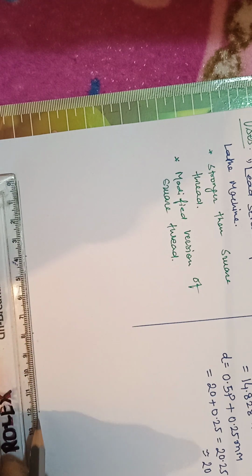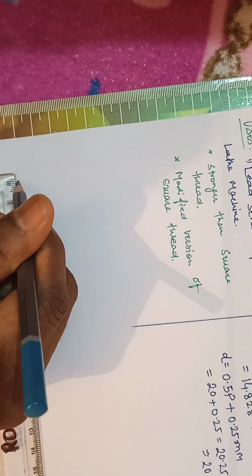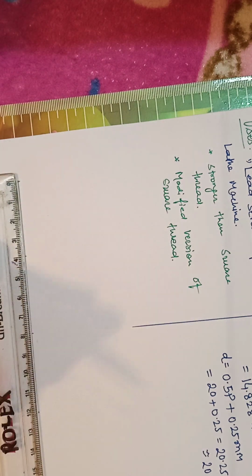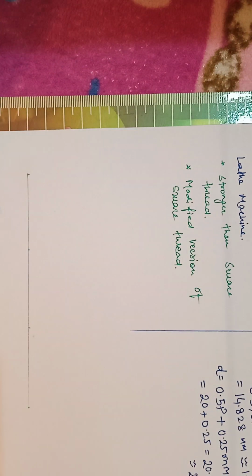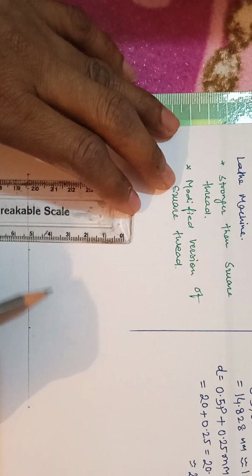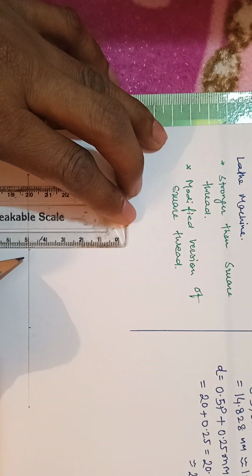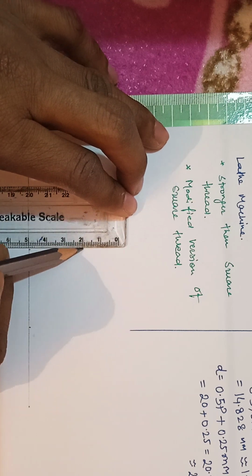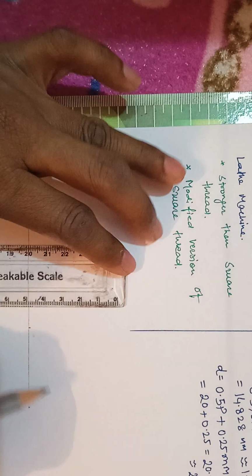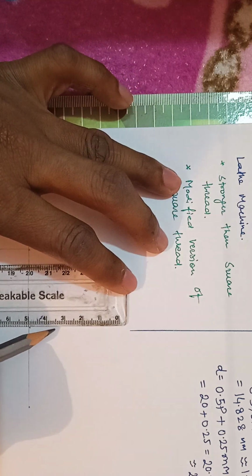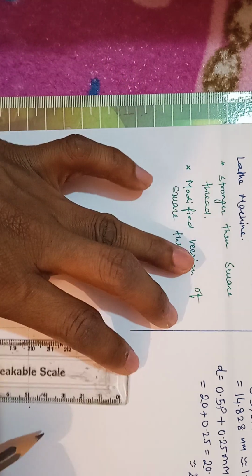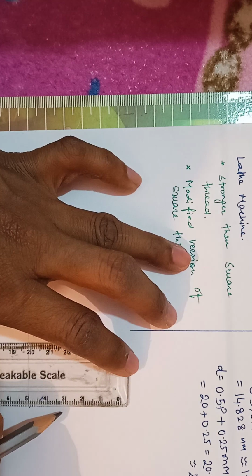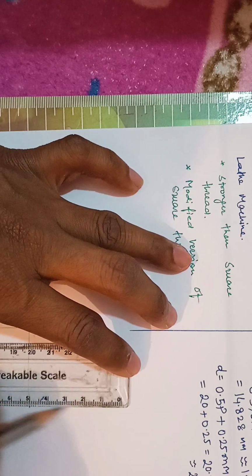These are the divisions that we are taking. After marking the 120 mm long line, we will draw the verticals from the points that we have marked, from the pitch points, like this.